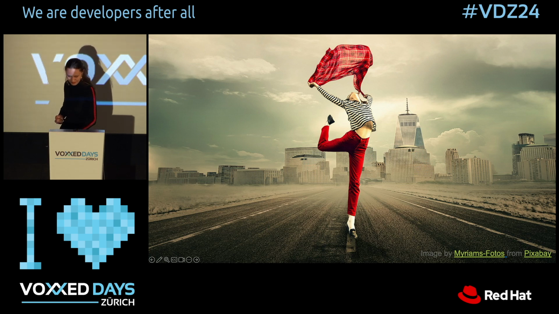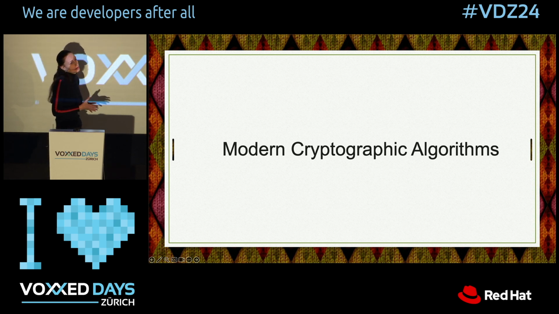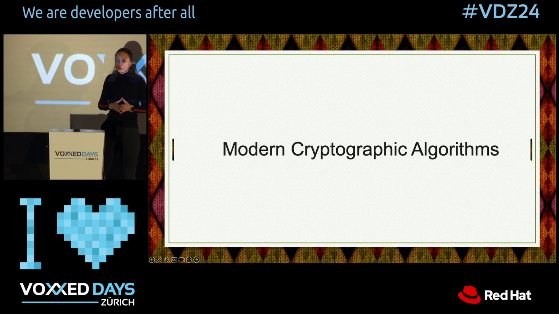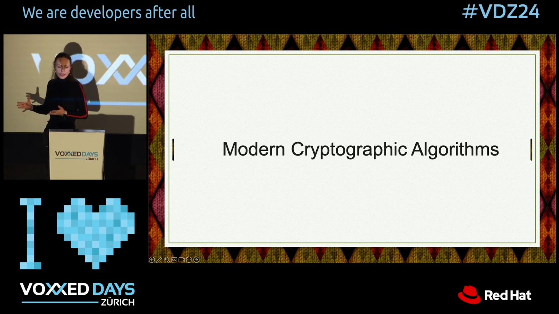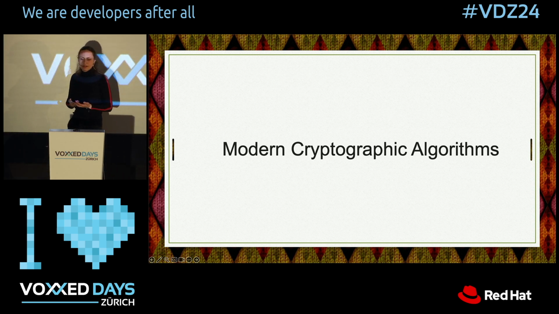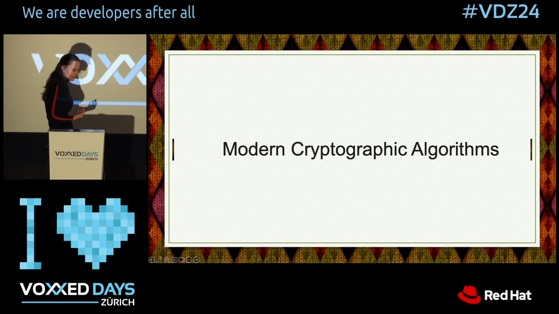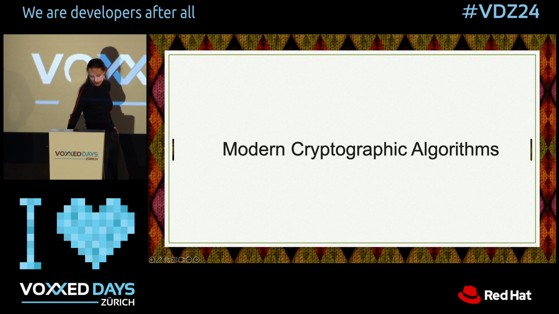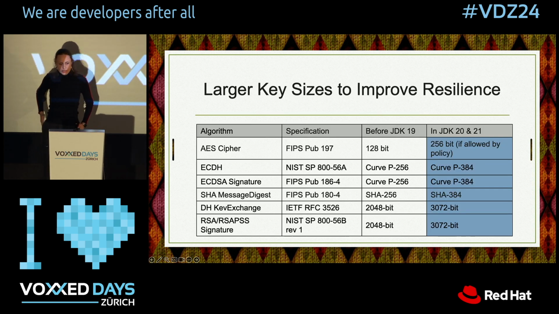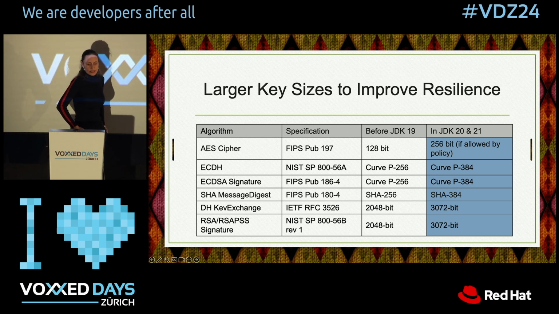What's the most important? Now, I spoke earlier that over time, all algorithms can be exploited more easily. Stronger algorithms and protocols are continuously being developed to replace the weaker ones and provide an alternative. So in order to make our applications stronger, a change that occurred with JDK 20, 21, and so on was increasing the key sizes to improve the resilience of the cryptographic algorithms.